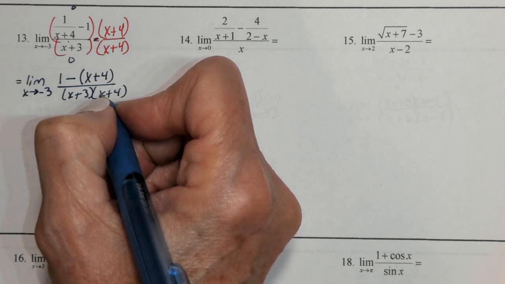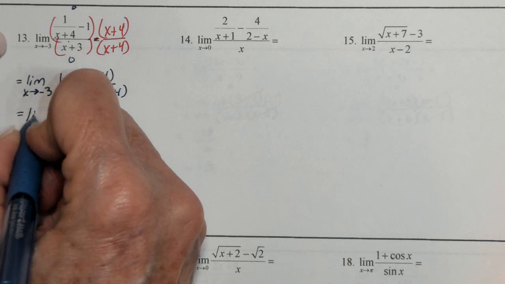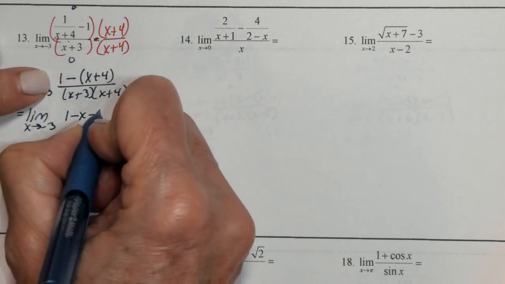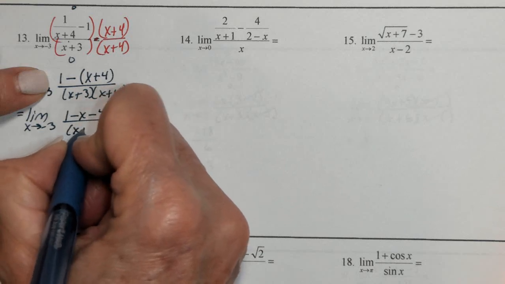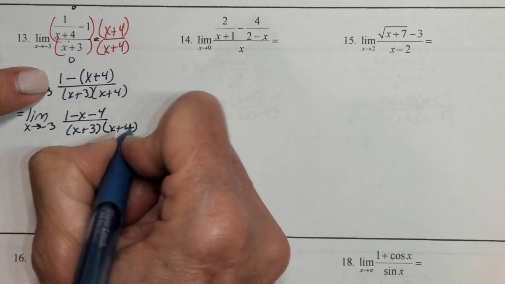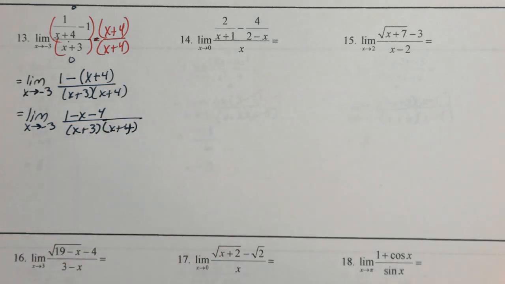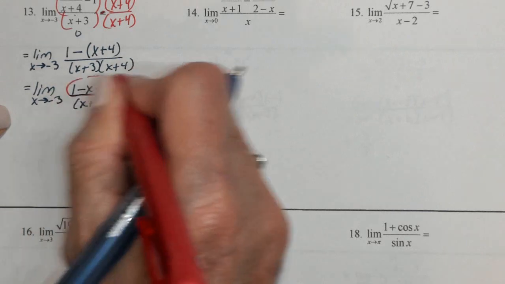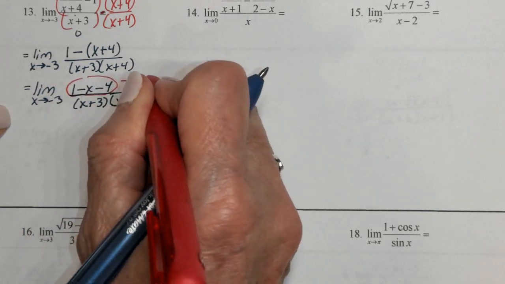I'm looking at this. Okay, so limit 1 minus x minus 4, okay, this is negative x minus 3.